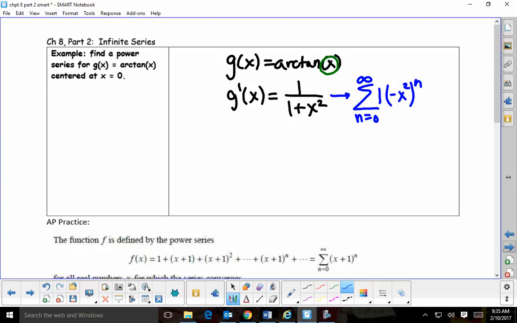All good? Okay. And then, do I really like it like that? I like to try to get my x minus c, right, with the power. So what do you think we probably want to do?